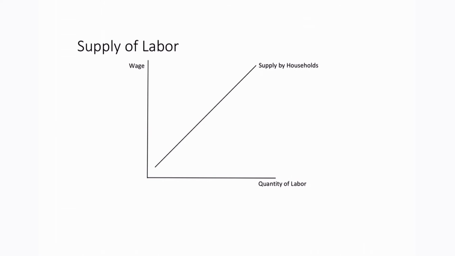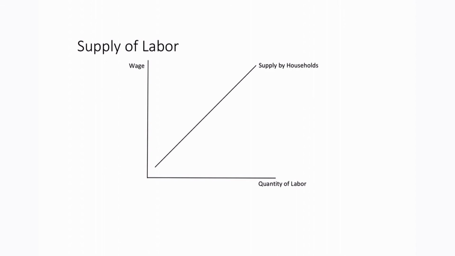Now let's look at the supply of labor. The supply of labor comes from households. We can simply think of ourselves. We supply labor into the labor force. We are looking for jobs, and in exchange for a wage rate, we are offering our services as workers. The same thing is true when we look at the market. At a low wage rate, we have a low quantity of labor.